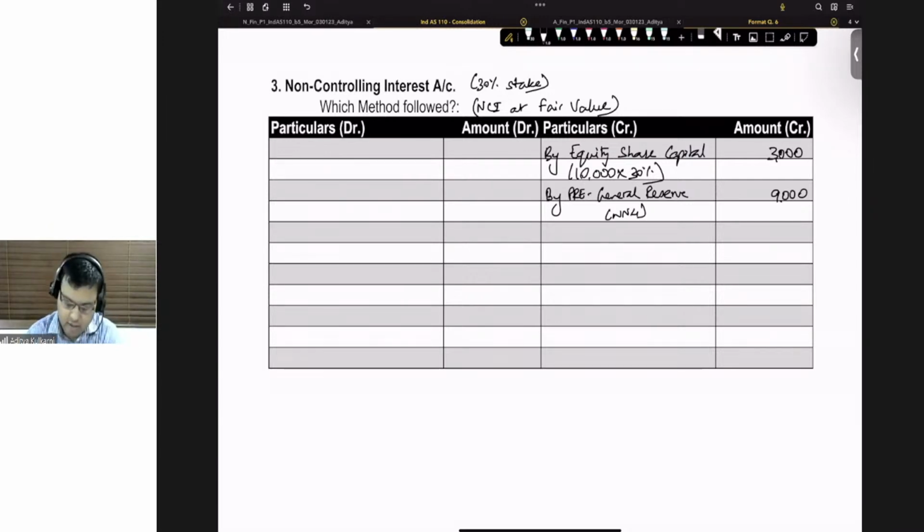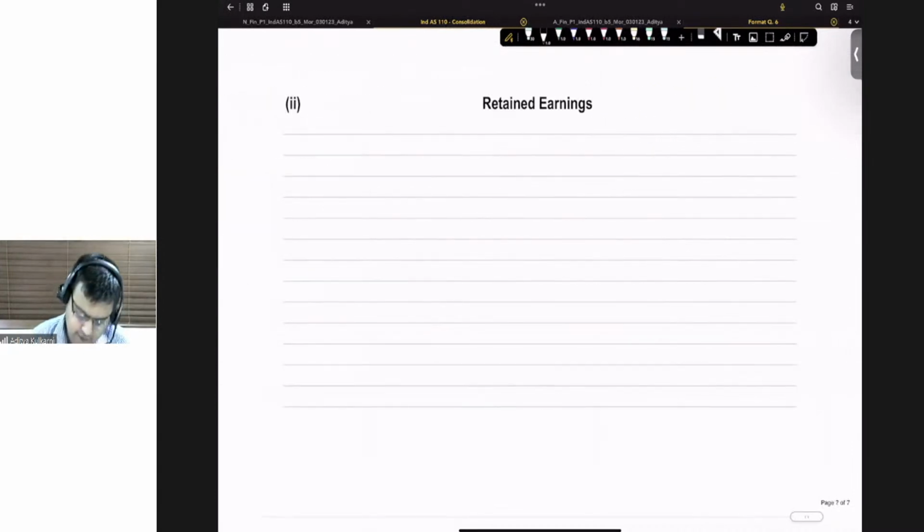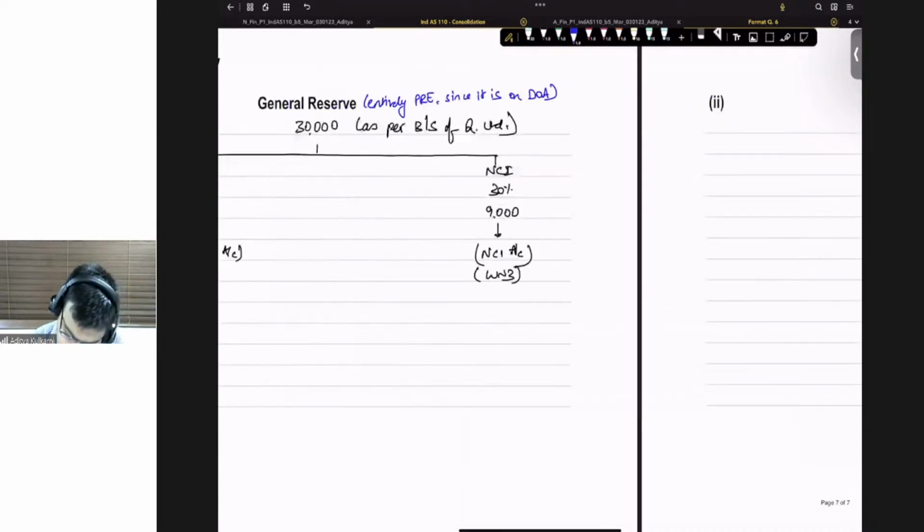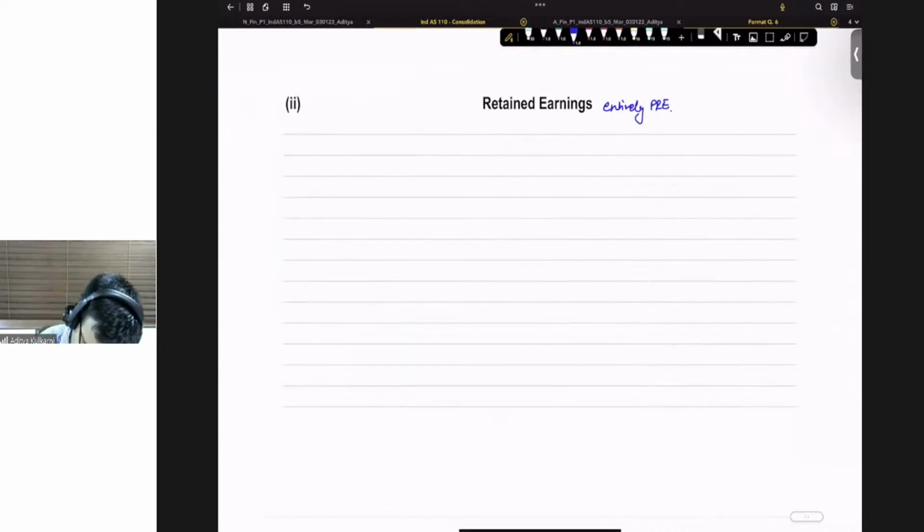Once this is done, we move on to the other one, that is retained earnings. Again, this is also entirely pre, since it is on the date of acquisition.